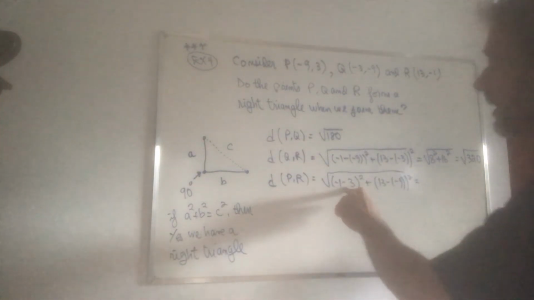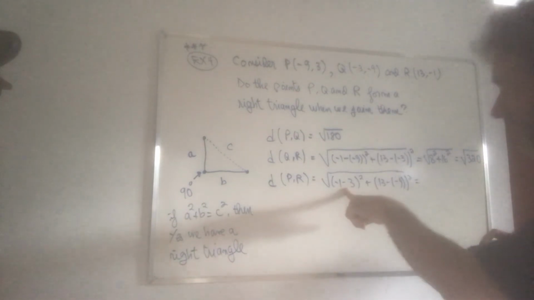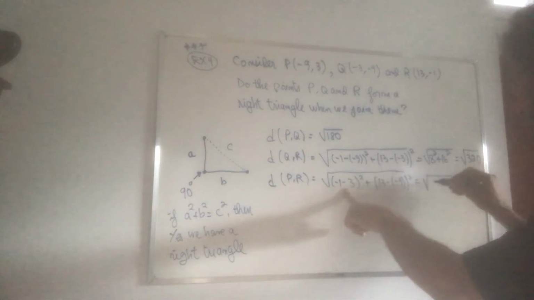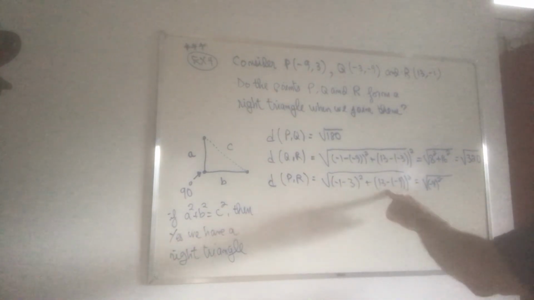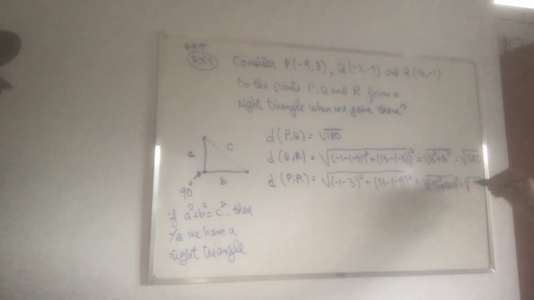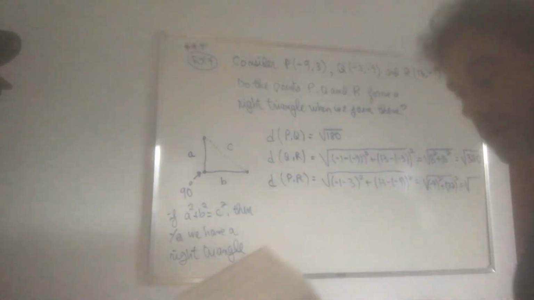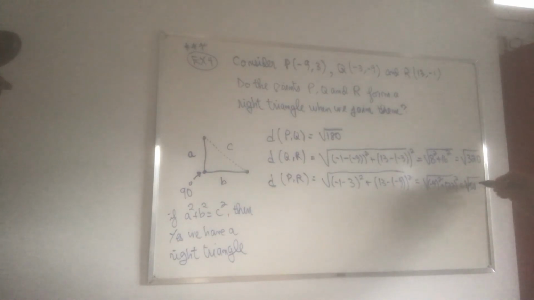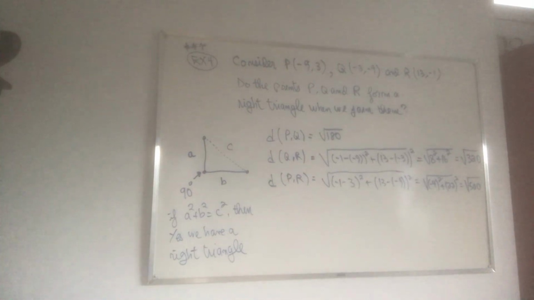All right, that would be what? That would be minus 4 squared, so 16. So minus 4 squared, that'll be 16. And this dude is going to be 22 squared. And that's going to be the root of 500 if my calculations are correct. All right.